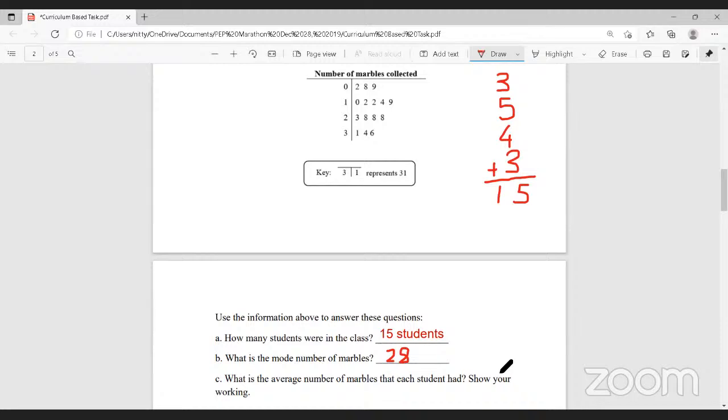We can't have a 0.6 marble. All right, so we added and we got 294 and we divided by 15 and we got 19.6. But what is the average? Yes, we round up to 20. The average marble is 20 marbles.